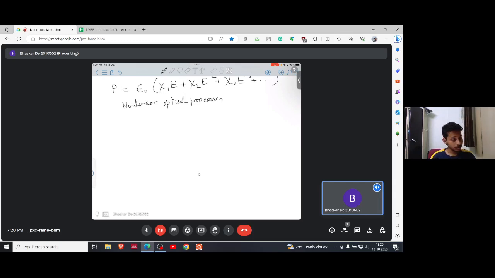For simplicity, we have expressed P and D as scalar quantities. We refer to the chi as susceptibility.